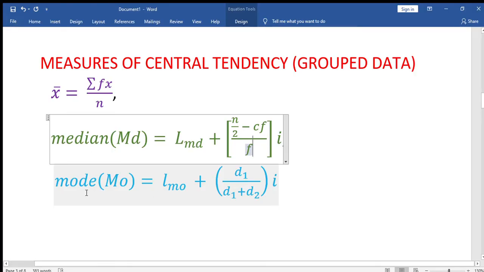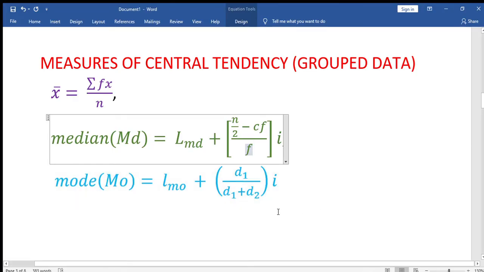Then we have the mode. The mode is given by this formula, colored sky blue. We have the exact lower limit of the modal class added by d sub 1. d sub 1 is the difference between the highest frequency and its preceding frequency.